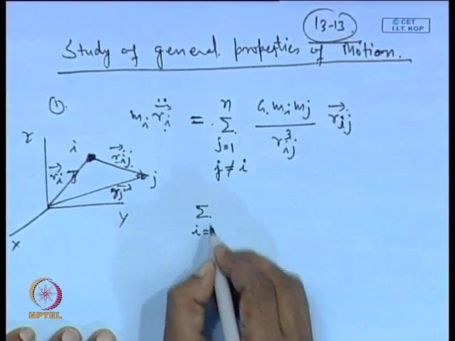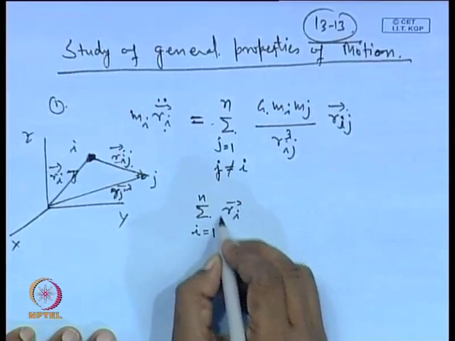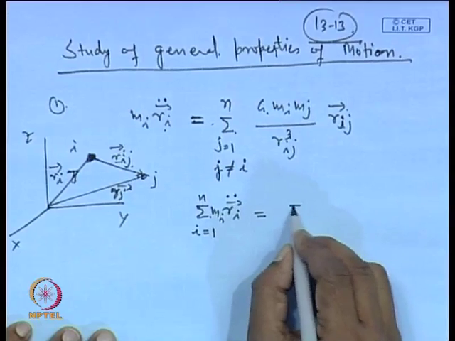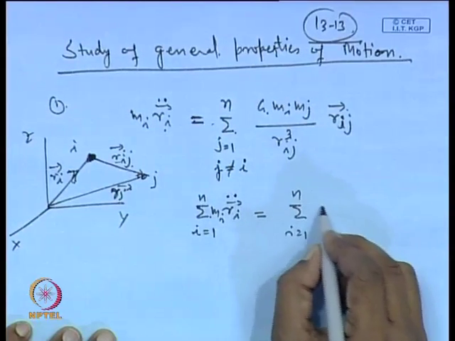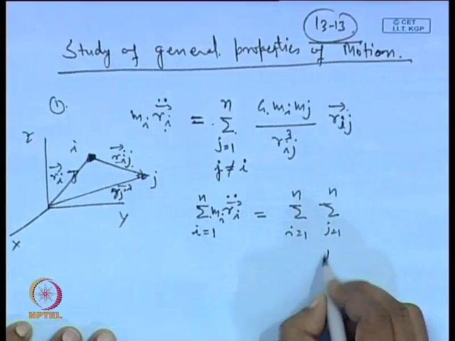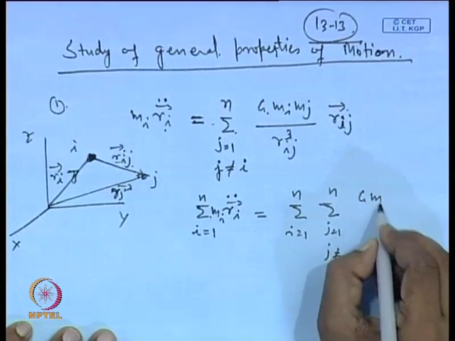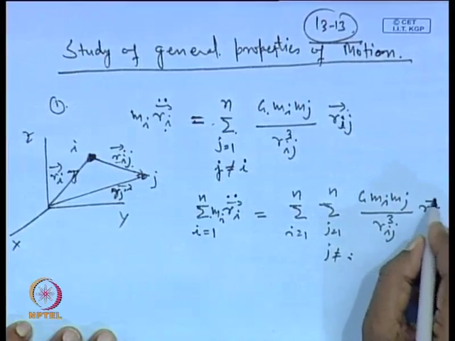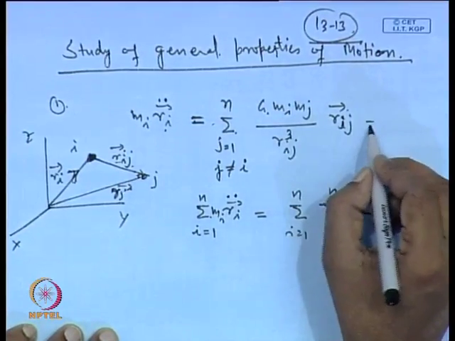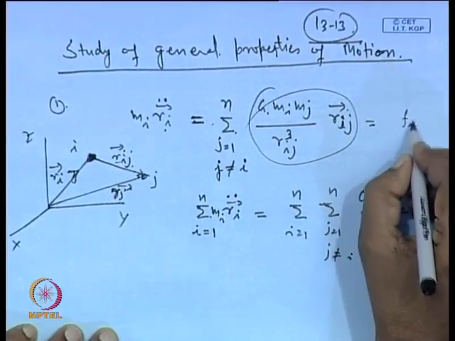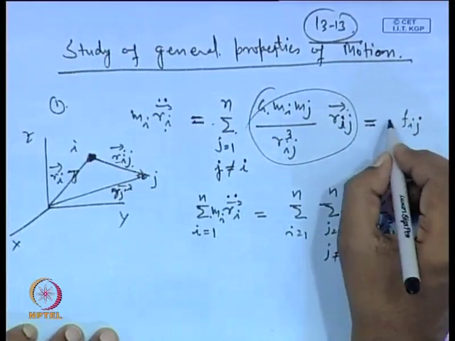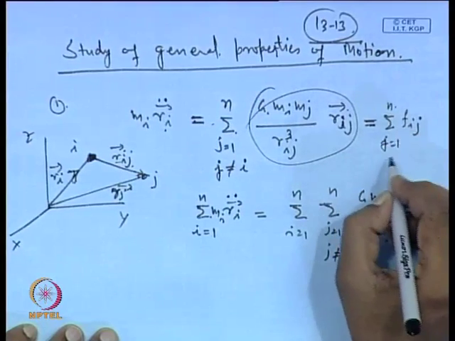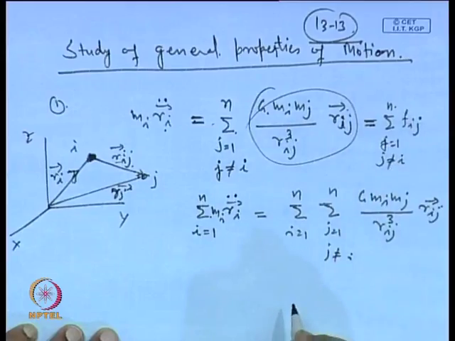Now, if we take the summation over all the particles, so i varying from 1 to n, m_i times r_i double dot, this we can write as summation i equal to 1 to n, j not equal to i. This term we can also write as f_ij, that is the force acting on the i-th particle, and then sum it up, j equal to 1 to n and j not equal to i.